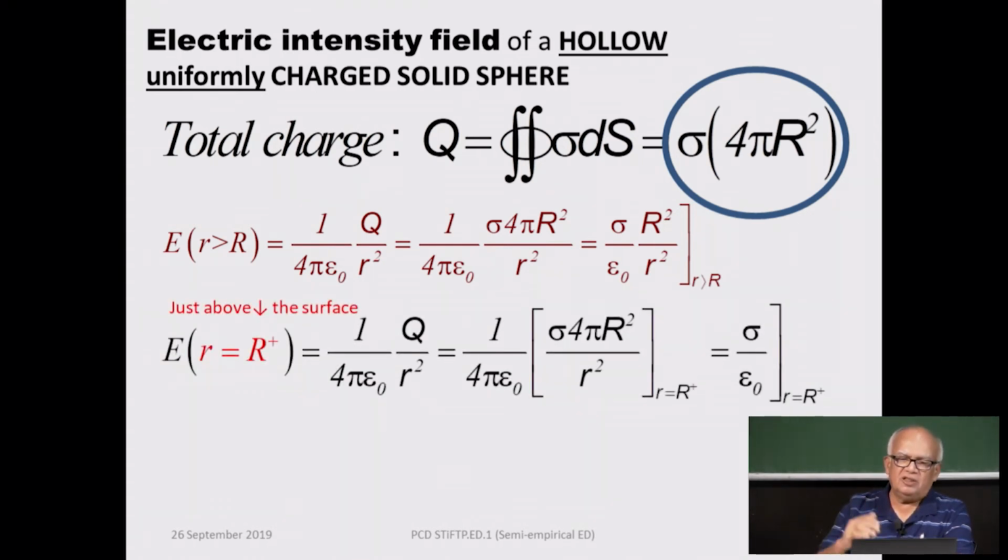And just above the surface you can calculate what it is, and you notice that it will be sigma over epsilon 0 just outside the surface, because just outside the surface the small r and the capital R are practically equal. So, they cancel, the 4 pi's cancel, and you get sigma over epsilon 0.